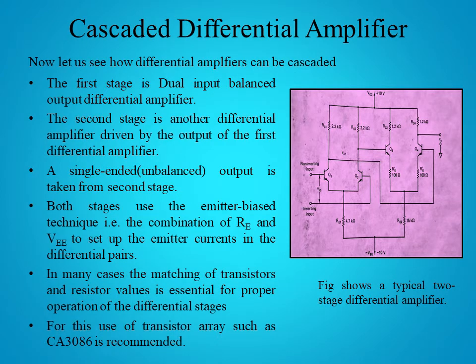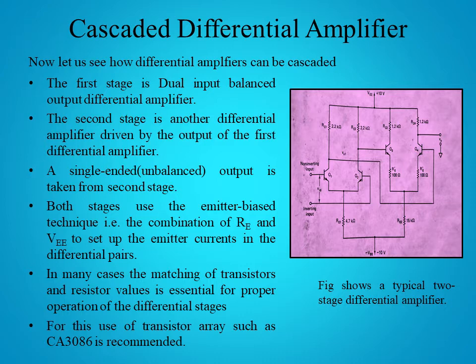In many cases, the matching of transistors and resistor values is essential for proper operation of the differential stages. For this, use of a transistor array such as CA3086 is recommended, so that the two transistors and their two stages are identical to each other. Now this is the basic cascaded differential amplifier.